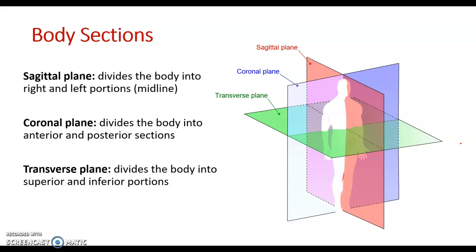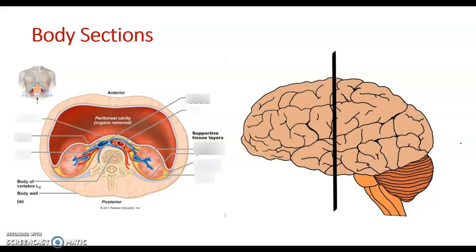As well as cutting the entire body into those sections, figuratively, to just think about how things are put together, we can also dissect individual organs or the entire body that way. So this might be useful to see how organs or tissues are connected together in the body at different angles.